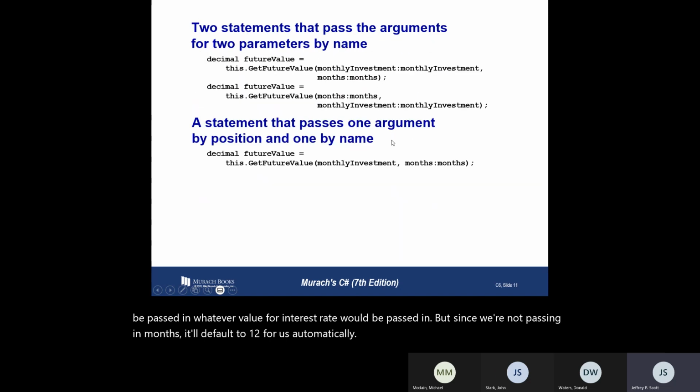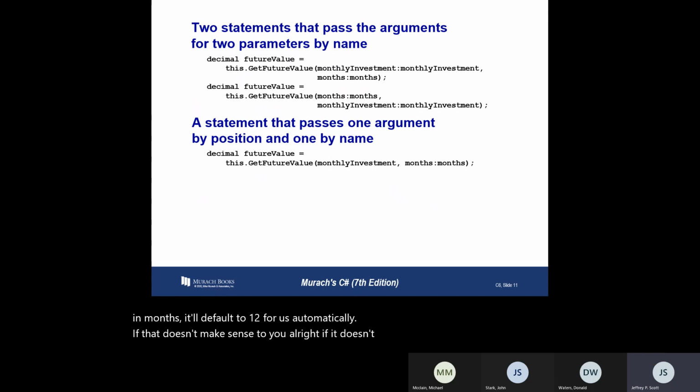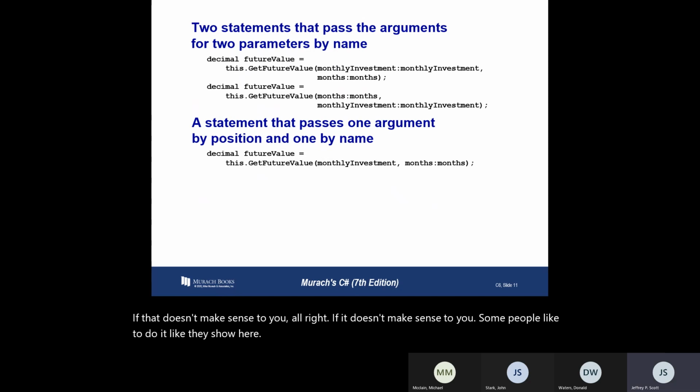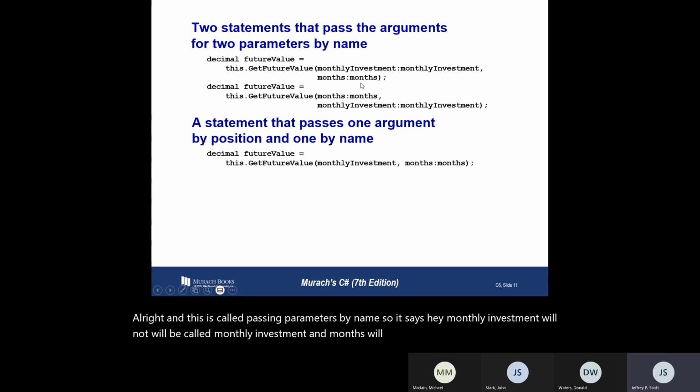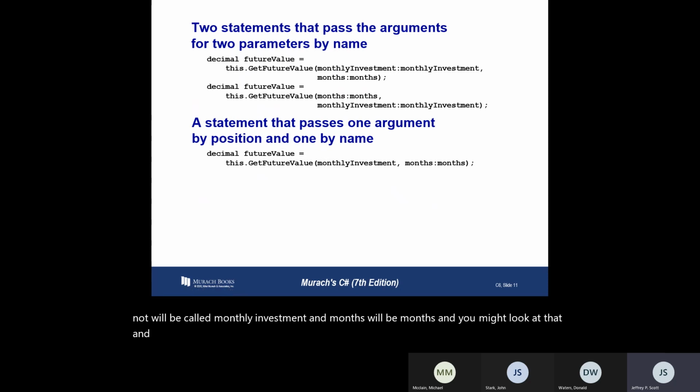Now, if that doesn't make sense to you, some people like to do it like they show here, and this is called passing parameters by name. It says monthly investment will be called monthly investment and months will be months. You might look at that and go, okay, I get it, but why would you do that?